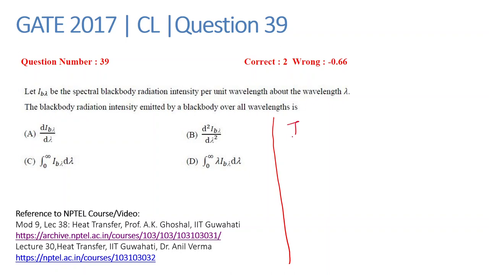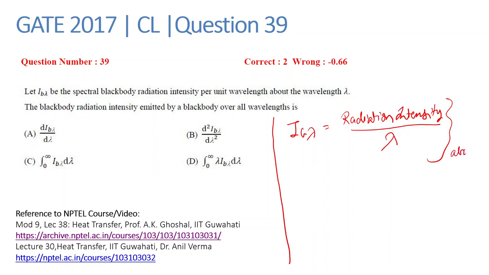So we have been given IB of lambda, that is black body radiation intensity per unit wavelength, about the wavelength lambda.